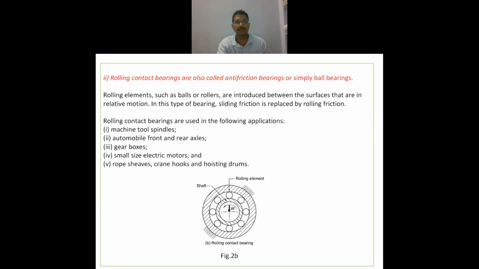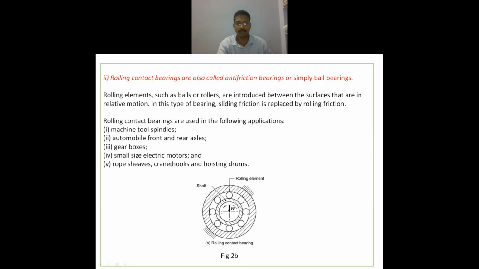Coming to rolling contact bearings, they are also called anti-friction bearings or simply ball bearings. Rolling elements such as balls or rollers are introduced between the surfaces that are in relative motion. In this type of bearing, sliding friction is replaced by rolling friction. The rolling contact bearings are used in applications like machine tool spindles, automobile front and rear axles, gearboxes, small size electric motors, rope sheaves, crane hooks and hoisting drums.